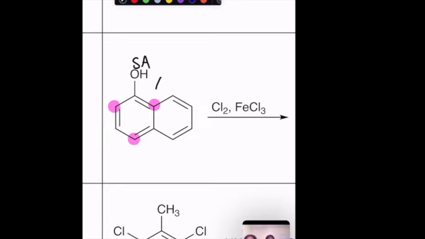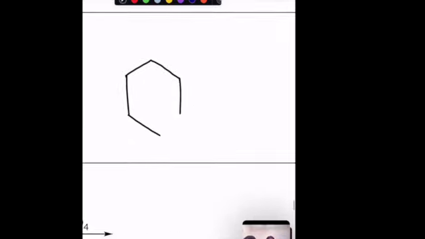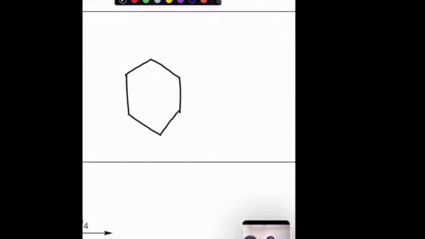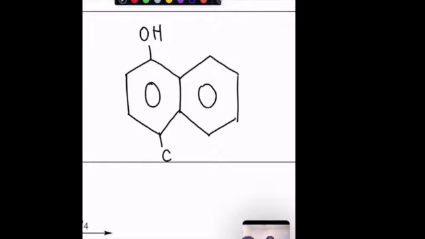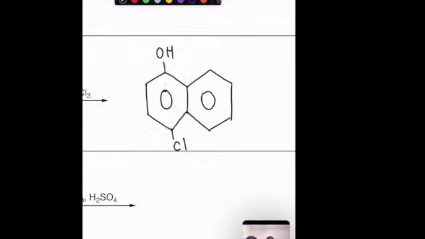So she's going to want to go into the position with the least steric hindrance. And then again we can look at our reaction and what it is doing: it's adding a chlorine. So we have her right here, OH. Don't forget your entire molecule. And we have our Cl right there.